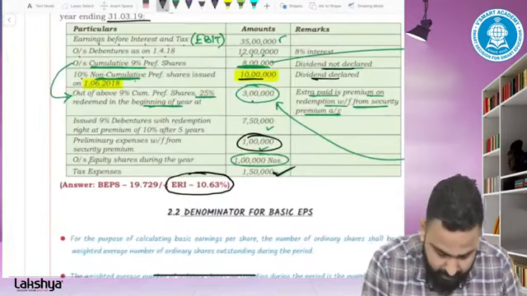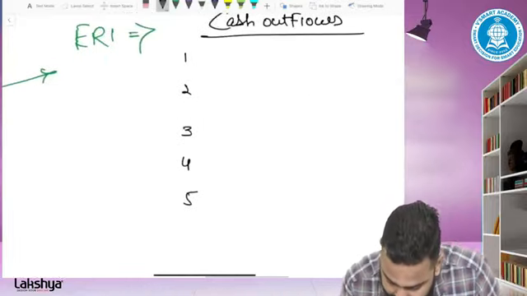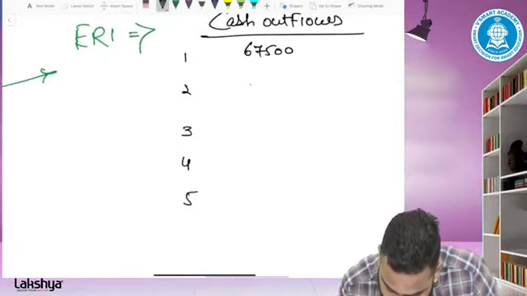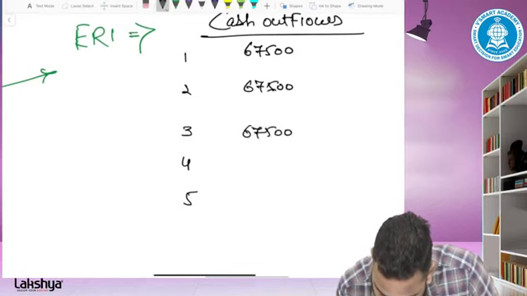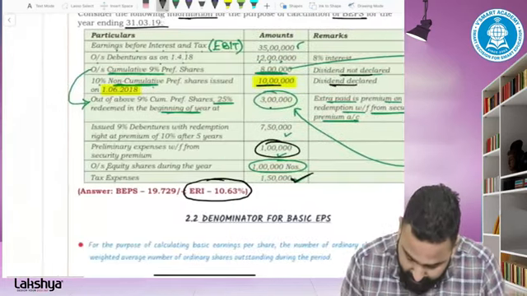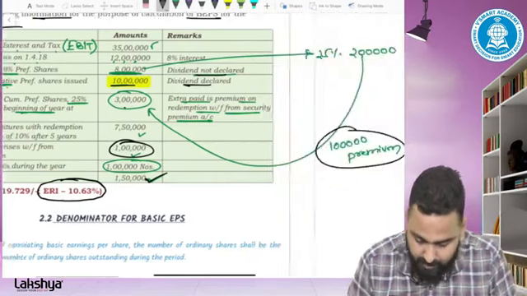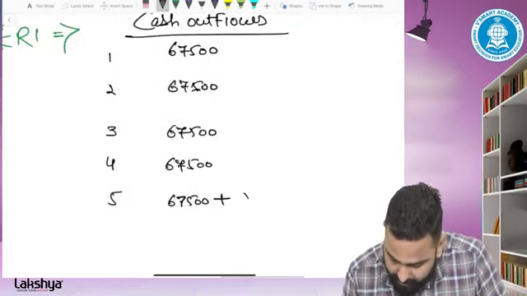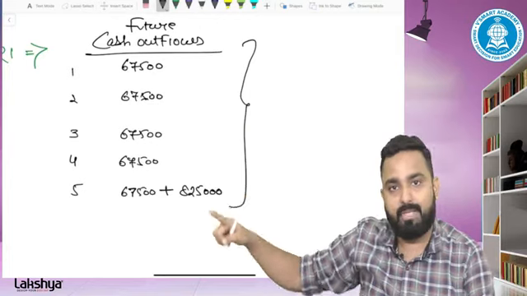So 750 into 9%, 67,500 each year, and in the fifth year 67,500 plus premium of 10%. So 750 plus 10% redemption, 825. The redemption value, 825.